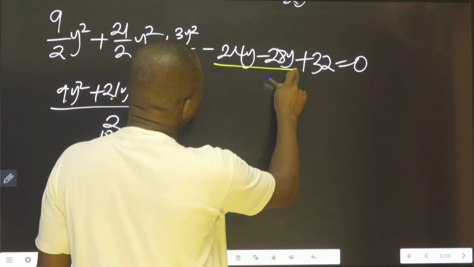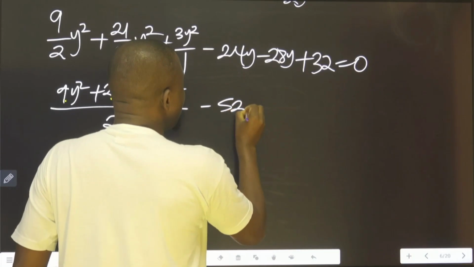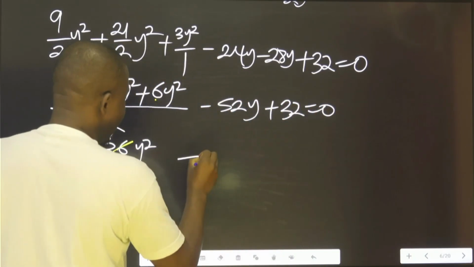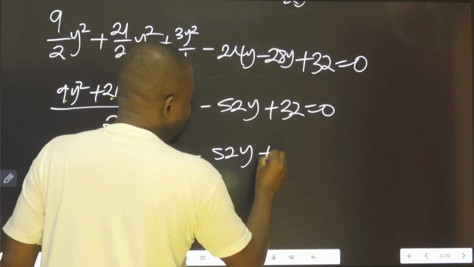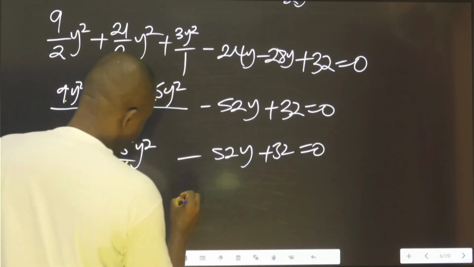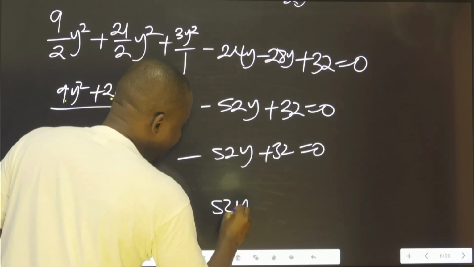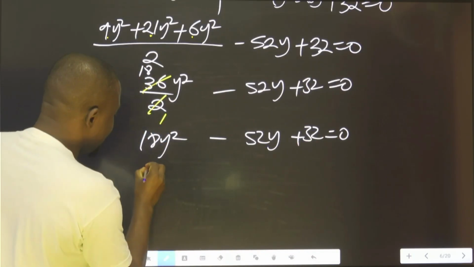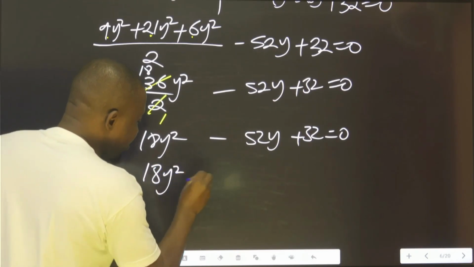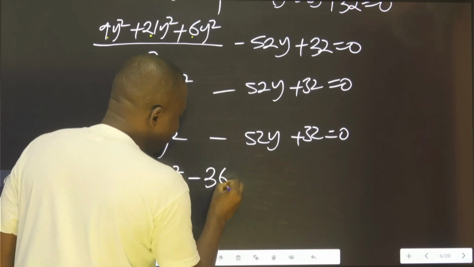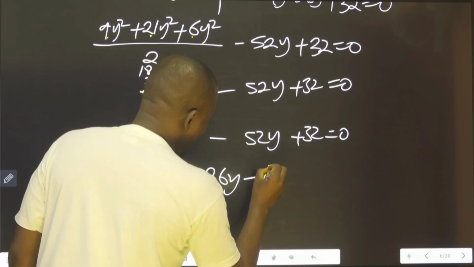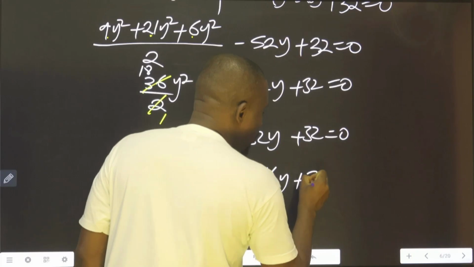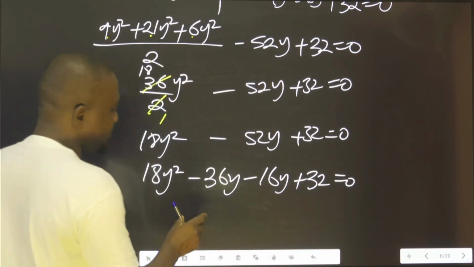Now, let's work on this. These two will produce for us minus 52y plus 32 equal to 0. If we factorize this now, which I believe you should know, we're going to have this, okay?